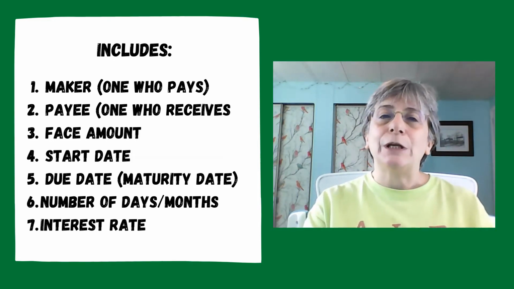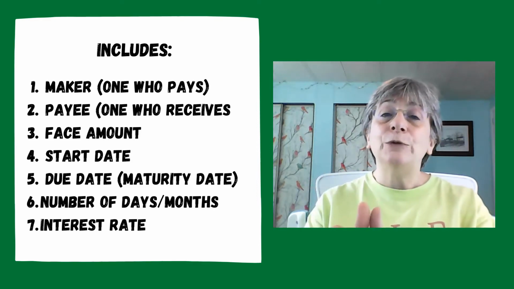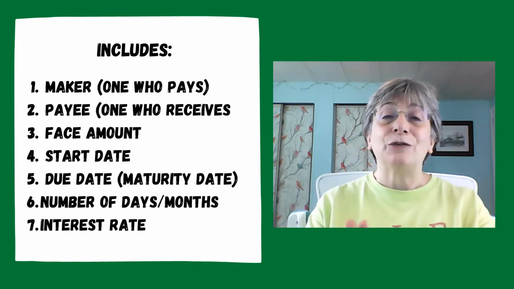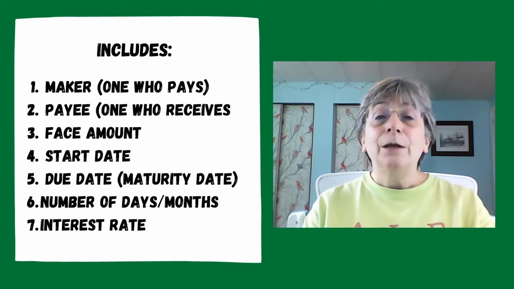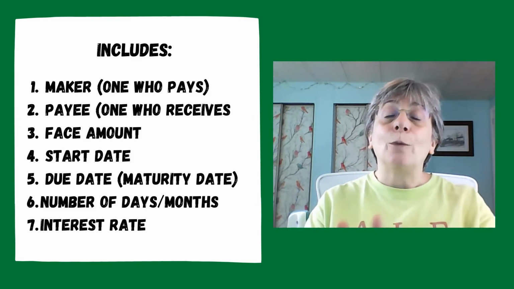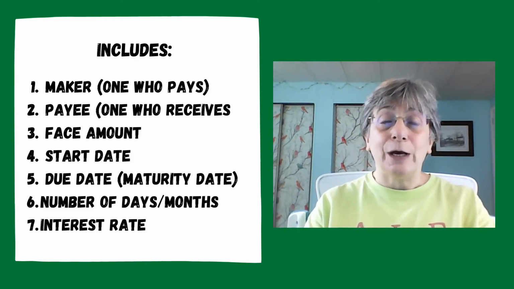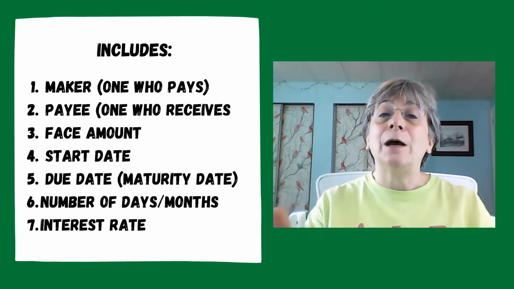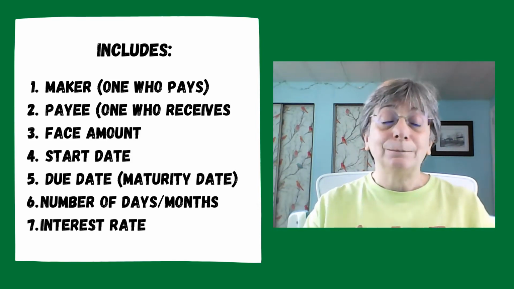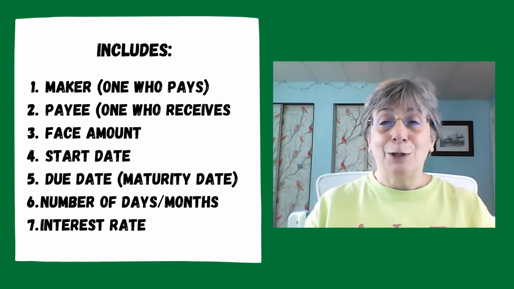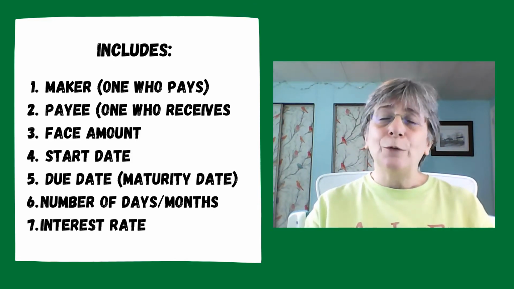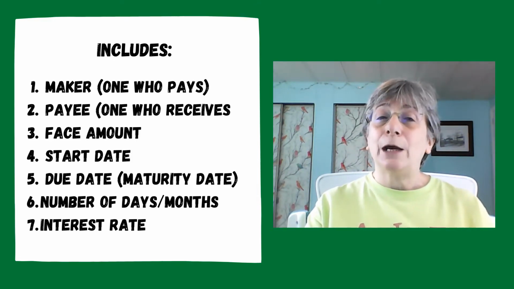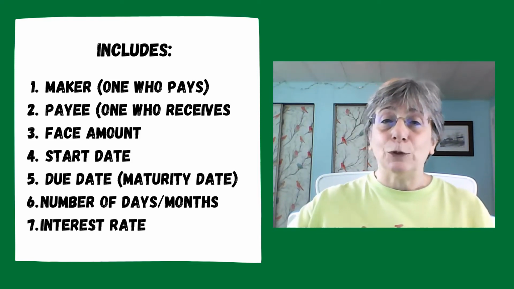There is a start date. There is a due date or a maturity date, and that is the end of the note. Then there are the number of days or months that are assigned to that note, the length of time you have to pay me back. And then there is an interest rate applied to that. And those are all of the pieces that we need to do the accounting for notes receivable.